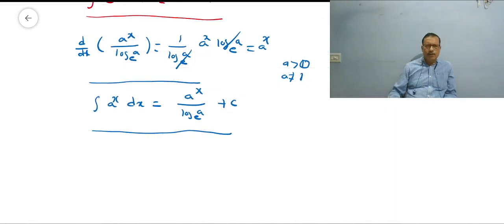Similarly, we can easily prove that the integral of 1 by x dx is equal to log of modulus of x plus constant, where x should not be equal to 0.